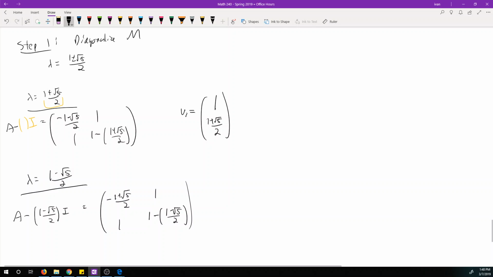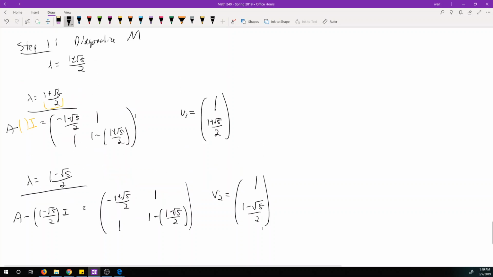Right, and then the same idea holds. V2 should then be 1, and then the negative version of this guy. So that would be 1 minus root 5 over 2. Okay, so now I have two eigenvectors.